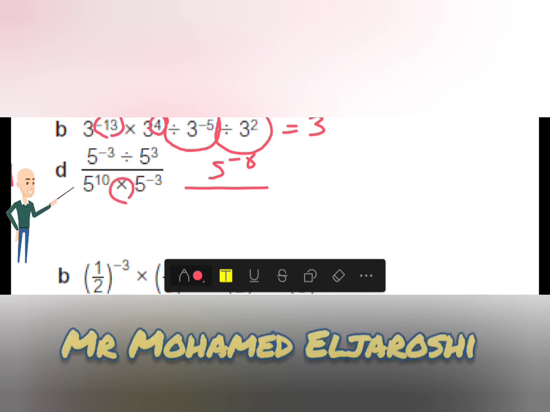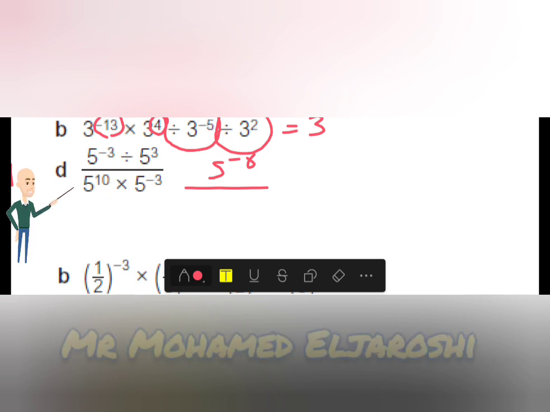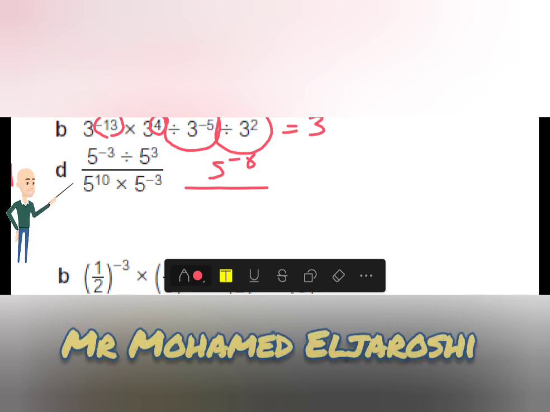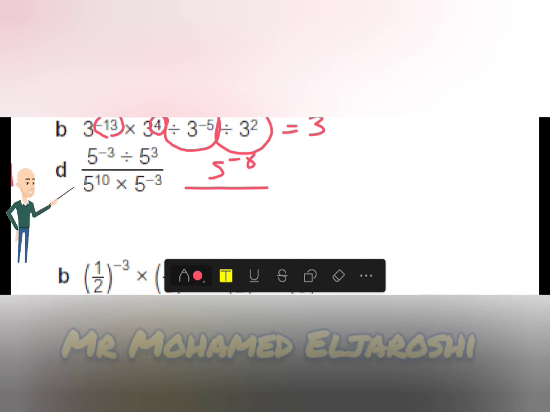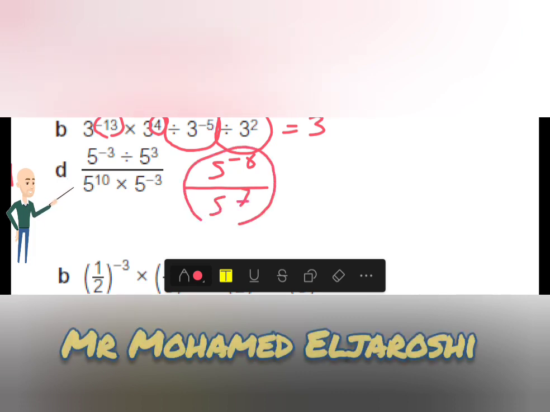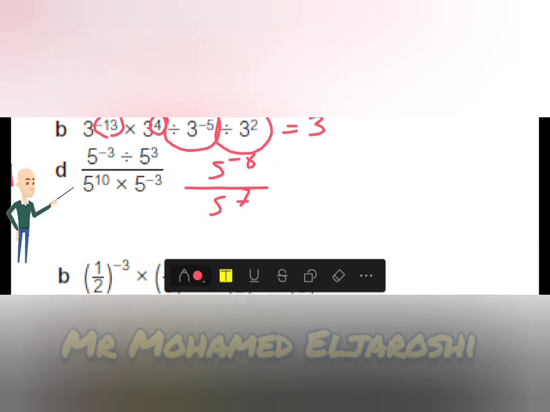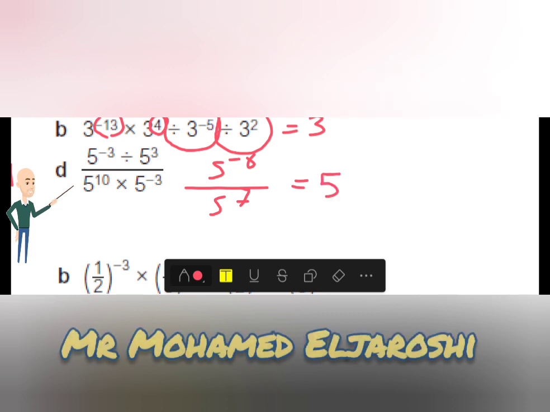Because it's multiplying, we add the powers. So it's going to be 10 plus negative 3, which is 7. So it's going to be 5 power of 7. And then this is division, so we subtract the powers. It's going to be 5. Very good. We subtract the powers. So negative 6 minus 7 equals negative 13.